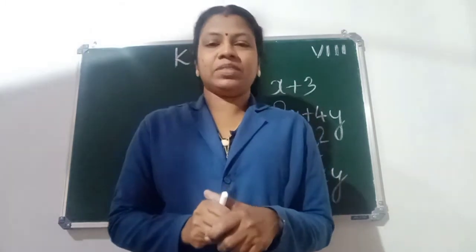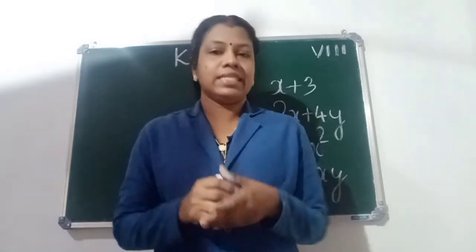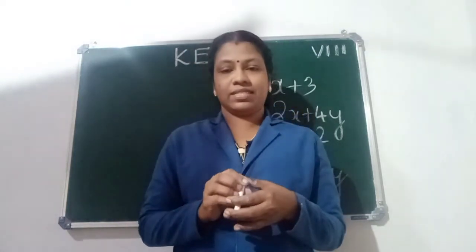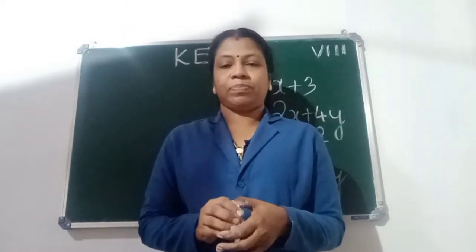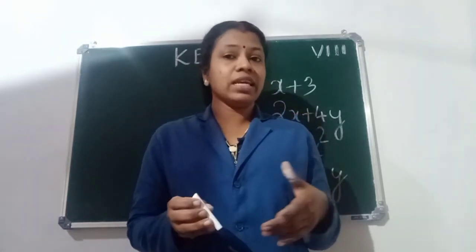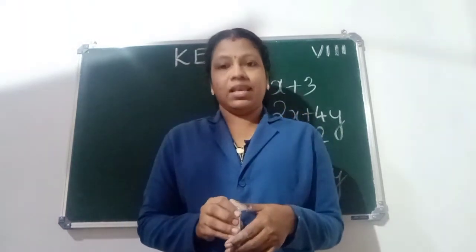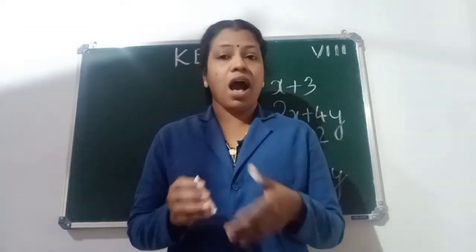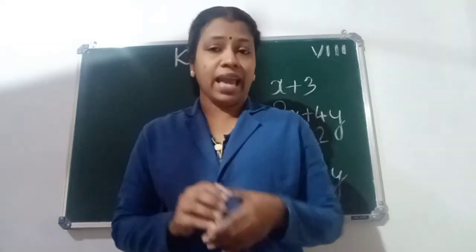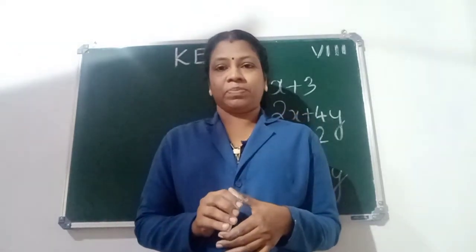Clear? Okay. Now, let us discuss terms, factors and coefficients in an expression. We know that expressions are formed using variables and constants. Variables and constants are added or subtracted to make an expression.